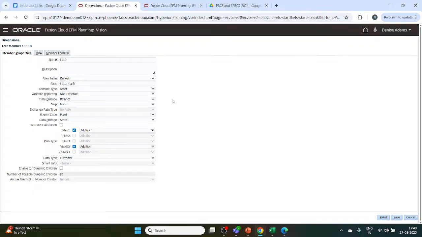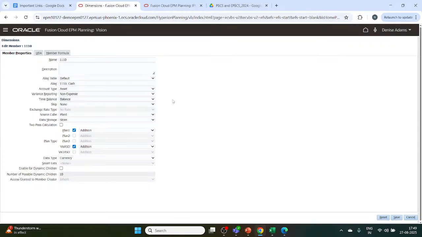In tomorrow's session we will revise the two pass calculation and dynamic children here. And tomorrow we will also discuss the scenario dimension.